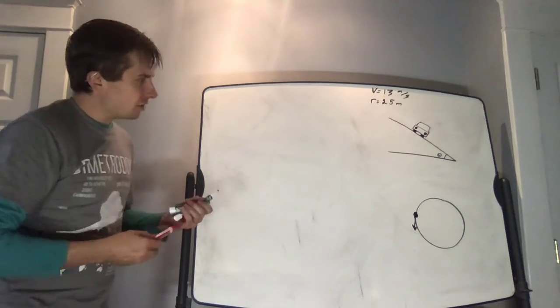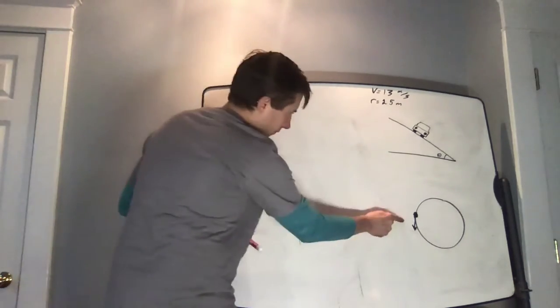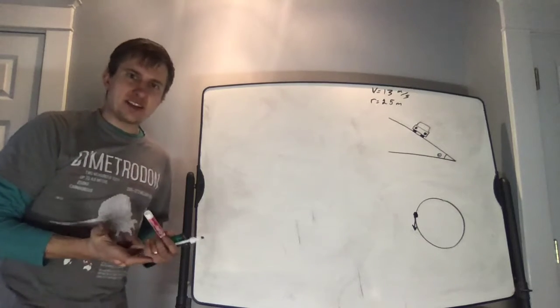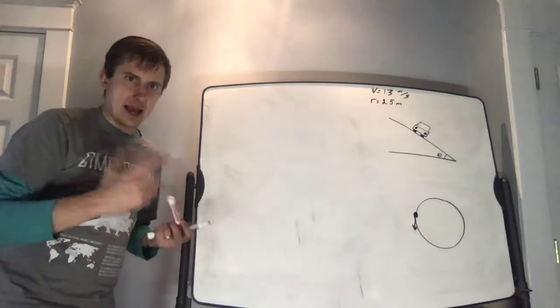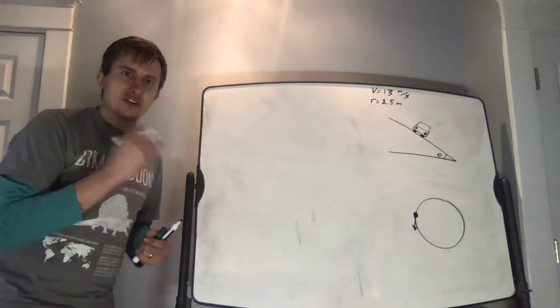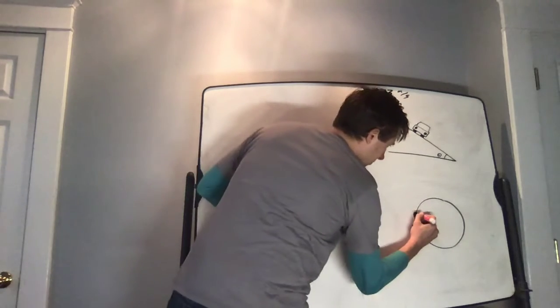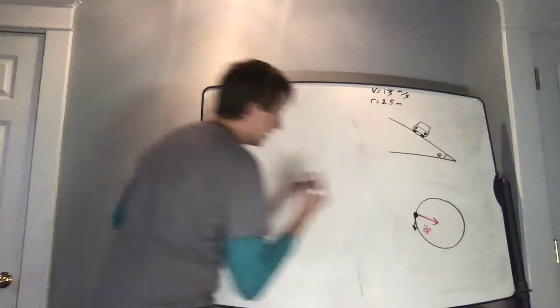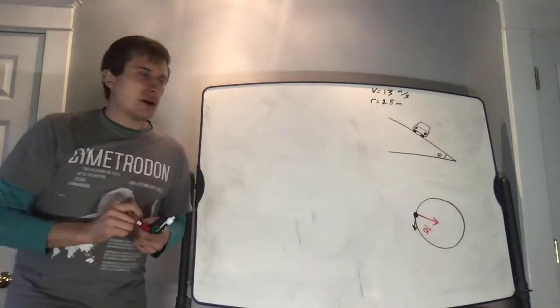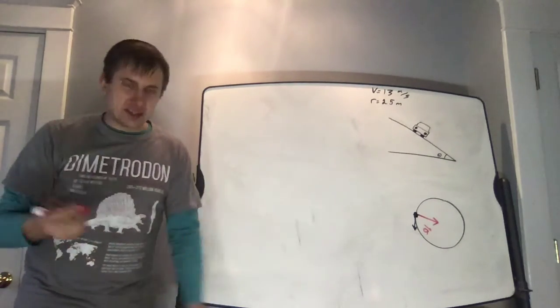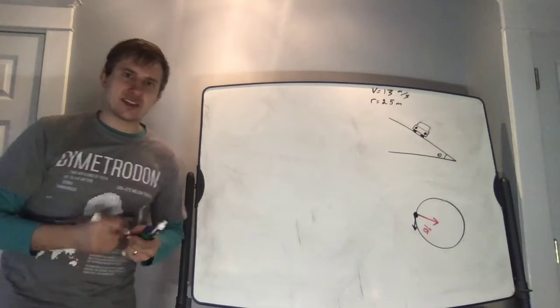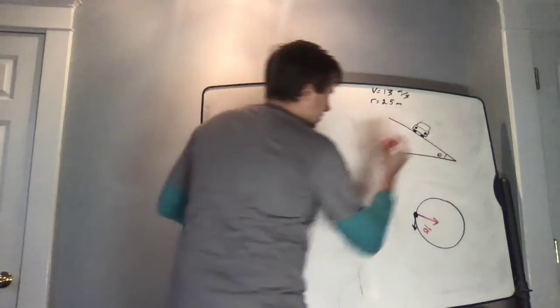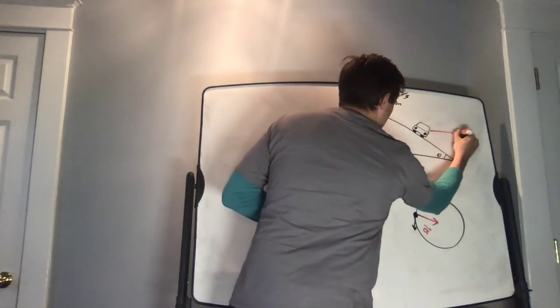When I look at the overhead picture first, I see the car moving in a circle at constant speed. That tells me the acceleration is going to be towards the center of the circle. I will draw that vector in. Now, from this perspective, with the car coming towards us, towards the center of the circle would be horizontally to the right.